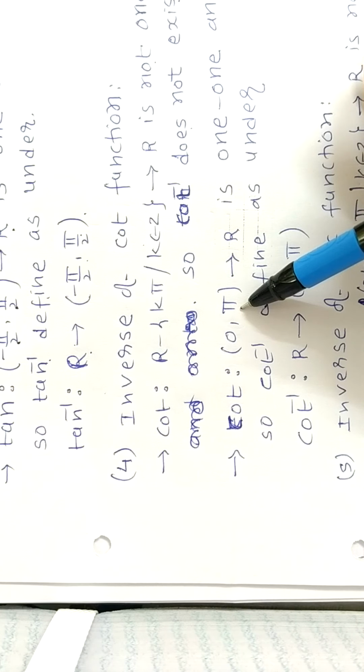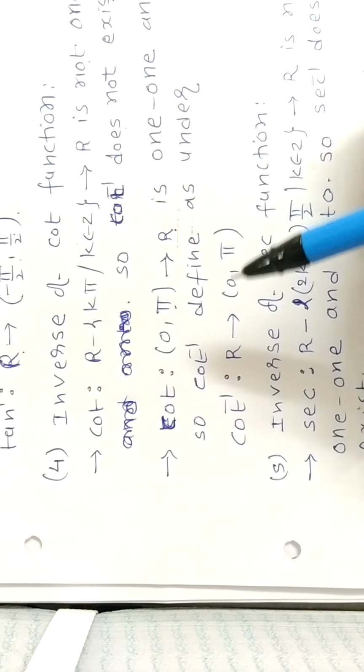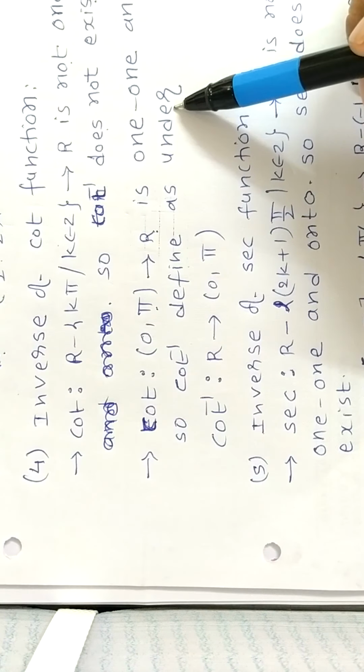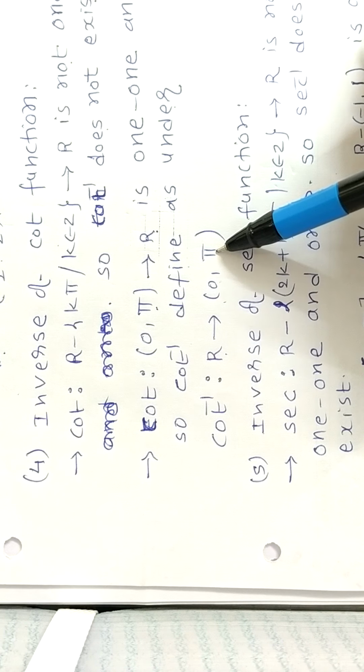The restricted domain is 0 to pi, and the codomain is R as it is, because cot function is onto, so there is no need to change the codomain of cot function. So cot inverse is defined as under. Cot inverse: R to 0 to pi.